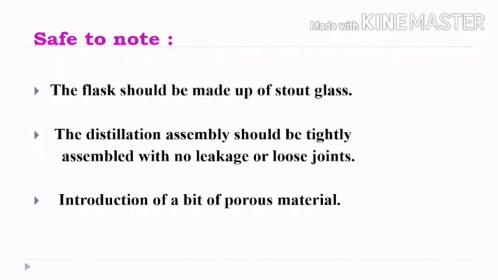This tube is drawn out at its lower end to a capillary which dips into the liquid. It can be closed by means of a piece of rubber tubing and small screw clamp at its upper end. With this arrangement, the passage of air to the distillation flask is easily regulated.